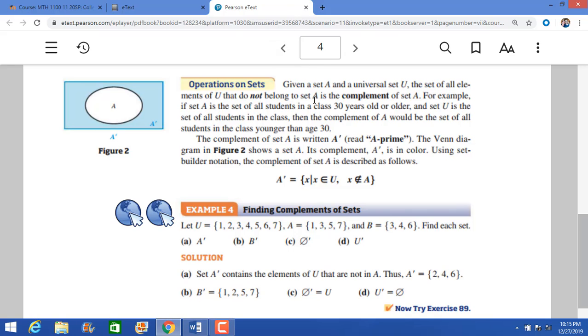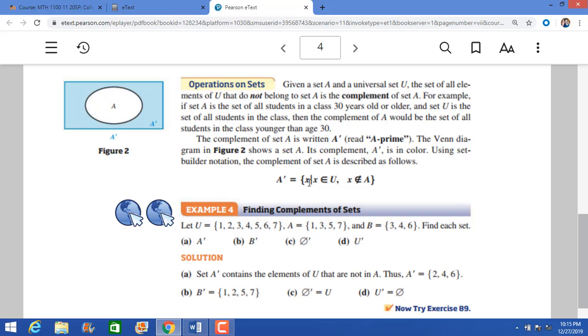So all the elements that do not belong to A is the complement of A, and we represent that as A prime. So this represents what we call the complement of a set. Now, we could also use the set builder notation.